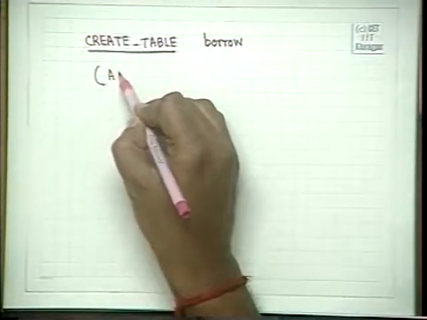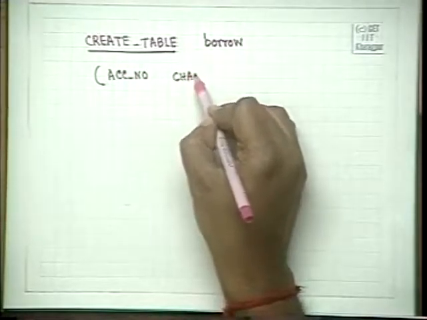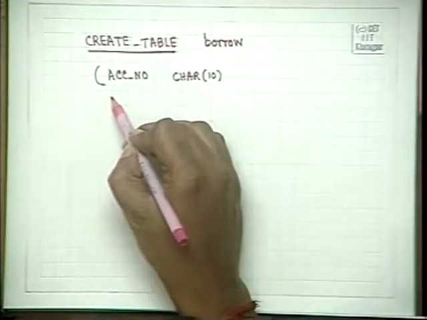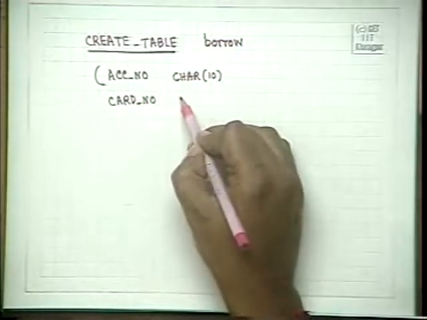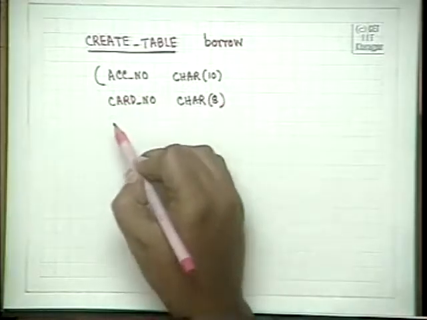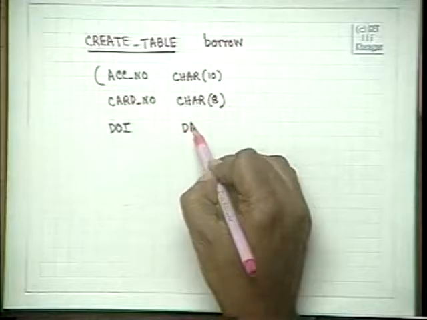We have accession number, which is a type character 10. We have card number, which is another say character 8, and we have date of issue, which is of date type.